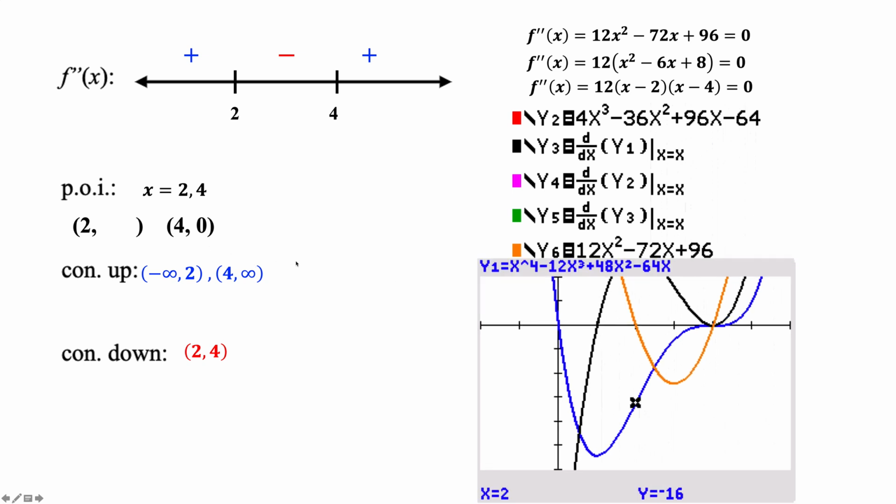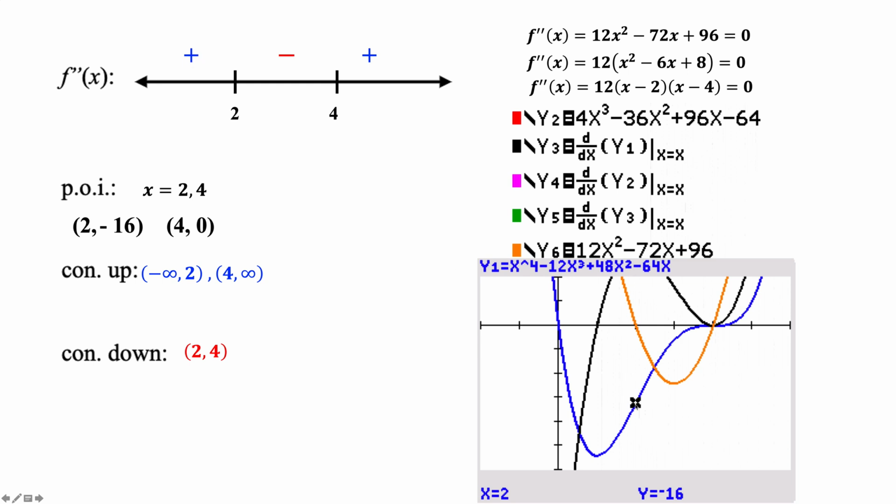And like we said, we had to go find the value on the original function for 2 to find out what's the y coordinate for your point of inflection. So that's going to be a negative 16 for that point. And so while we're here, you can begin to see, looking at the orange graph, here's my positive y's. That's my positive region up here.